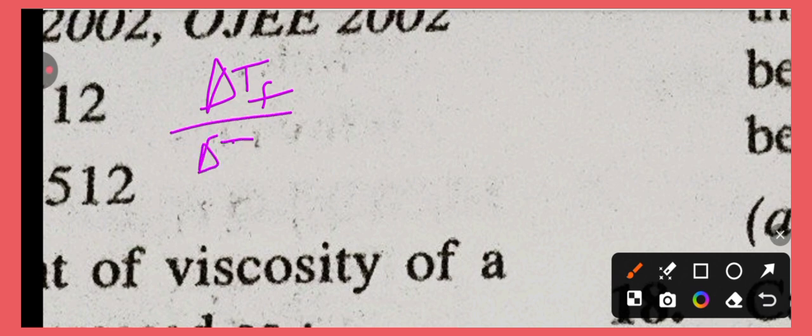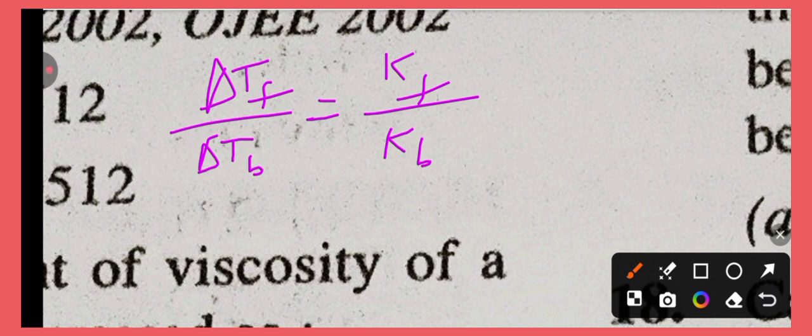Let's calculate this. We should remember the formula, that is del Tf divided by del Tb is equal to Kf divided by Kb.